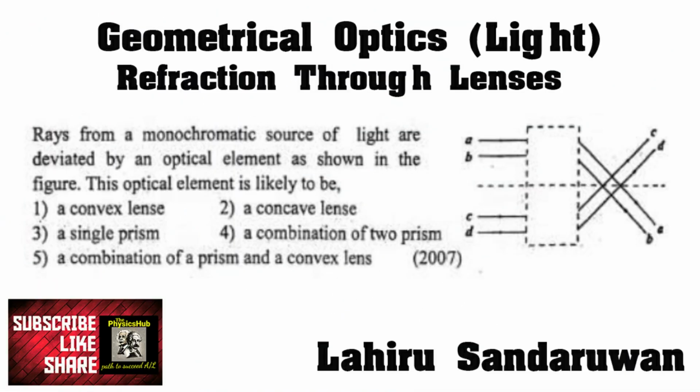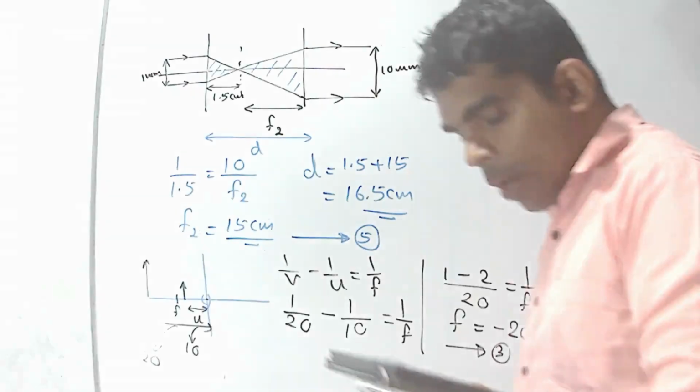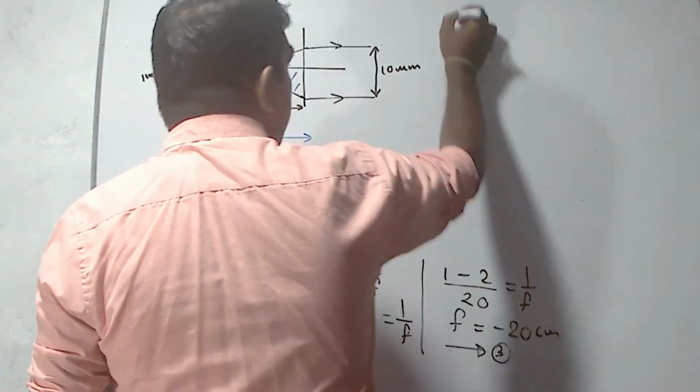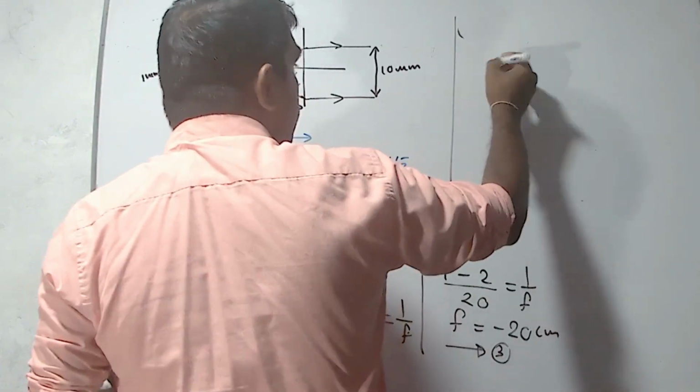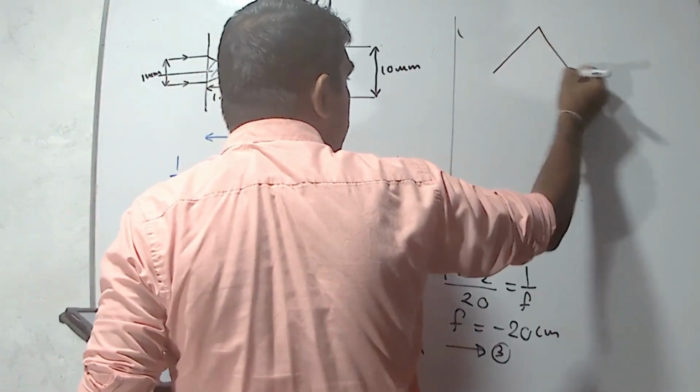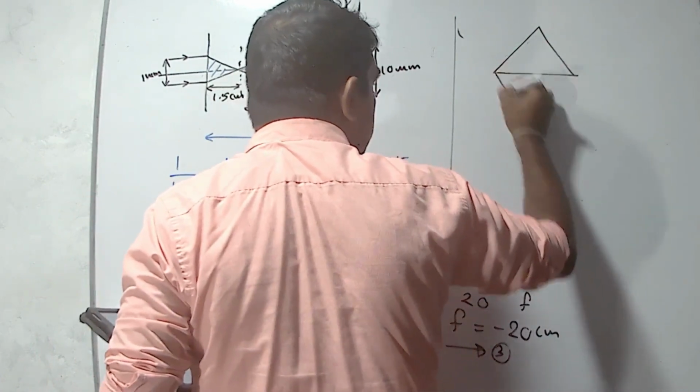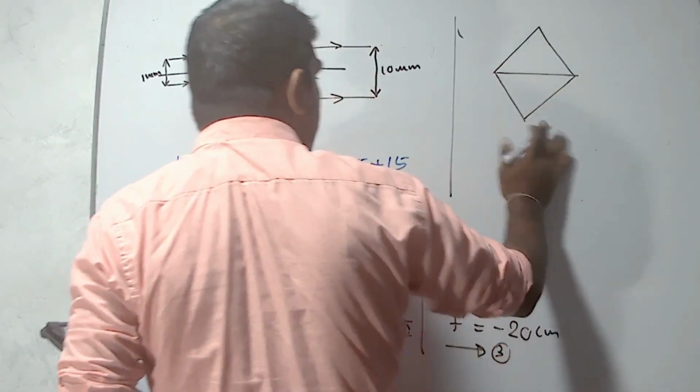Rays from a monochromatic source of light are deviated by an optical element as shown in the figure. This optical element is likely to be? We can obtain the given ray diagram by using two prisms like this.